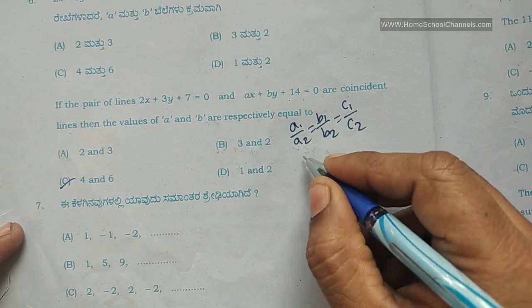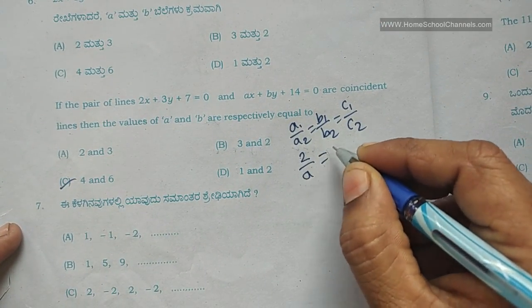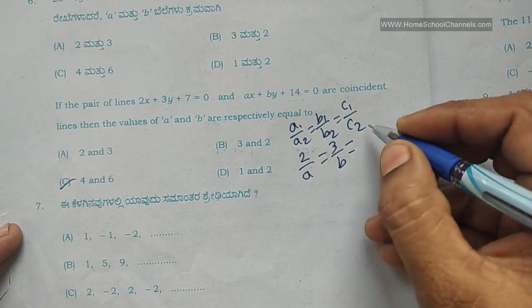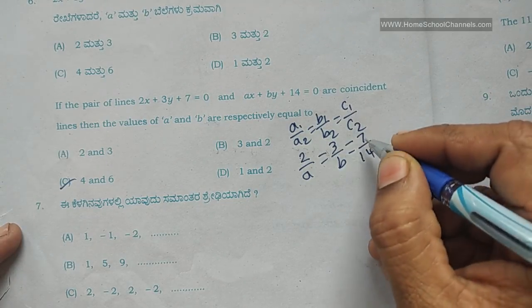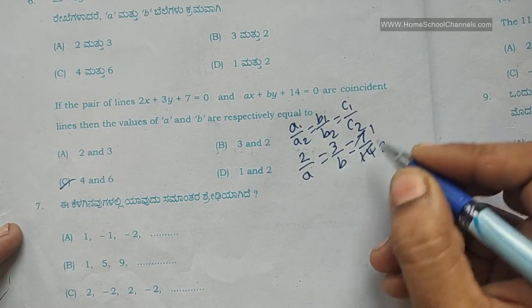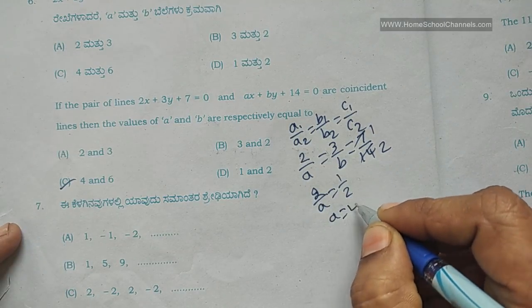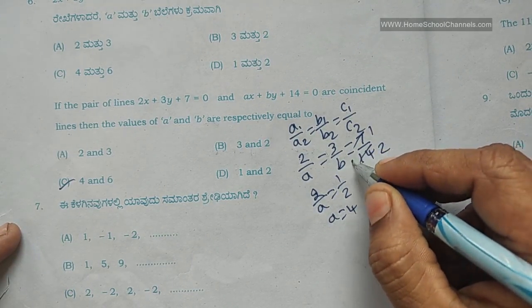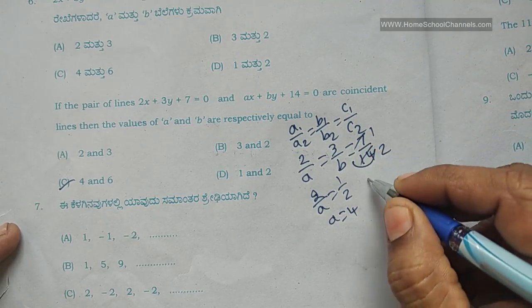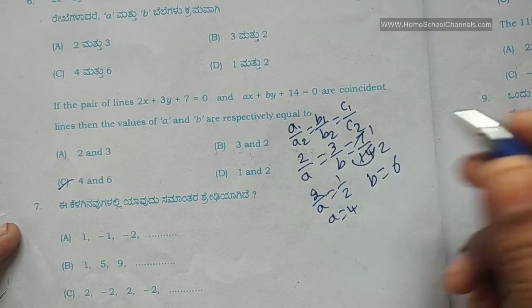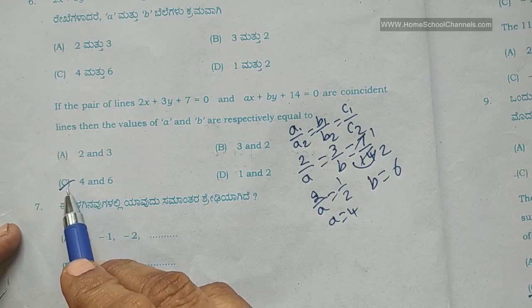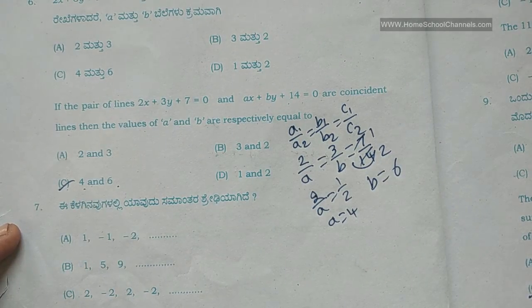Substitute the values: 2 by a is equal to 3 by b is equal to 7 by 14, that is 1 by 2. You can equate here: 2 by a is equal to 1 by 2, a is equal to 4. And similarly, if you equate these two, you are going to get b is equal to 6. So your option is option C, 4 and 6 is your right answer.